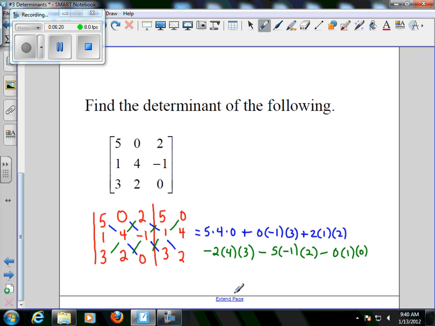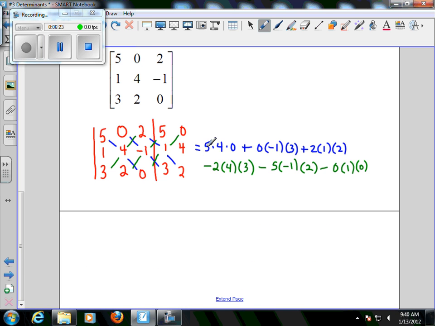And now we can actually just do the math here. 5 times 4 times 0 is 0, I missed the 0. 0 times -1 times 3 also gives us 0. 2 times 1 times 2 gives us 4. -2 times 4 times 3 gives us -24. -5 times -1 times 2 gives us +10. And 0 times 1 times 0 gives us 0.